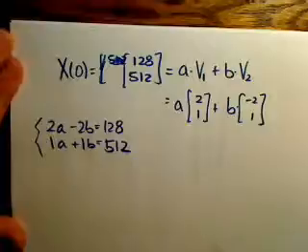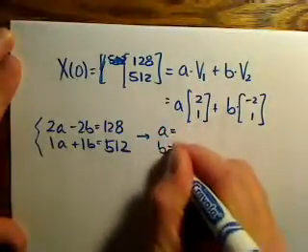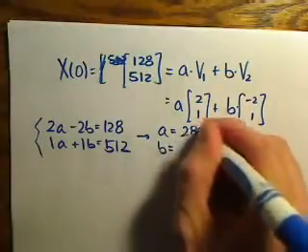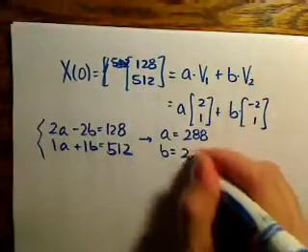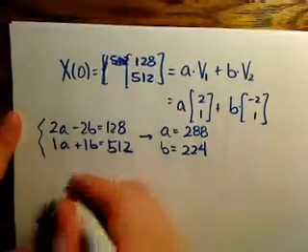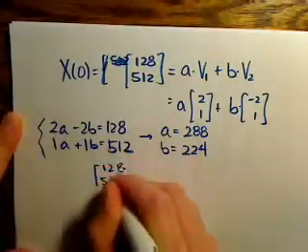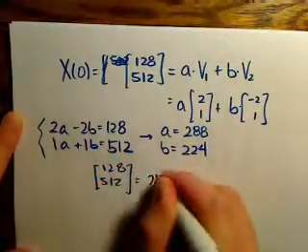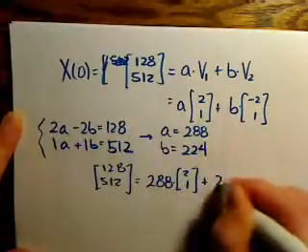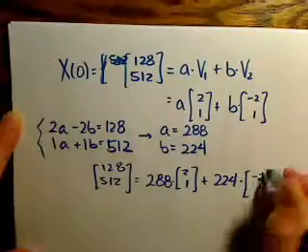You set that up, solve that maybe with its own matrix, and you end up with A and B being 288 and 224. And you can verify this, that (128, 512) is 288 times (2, 1) plus 224 times (negative 2, 1).